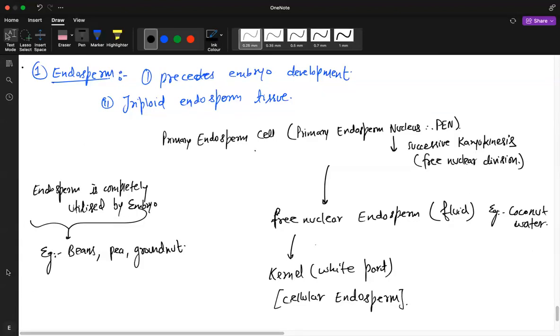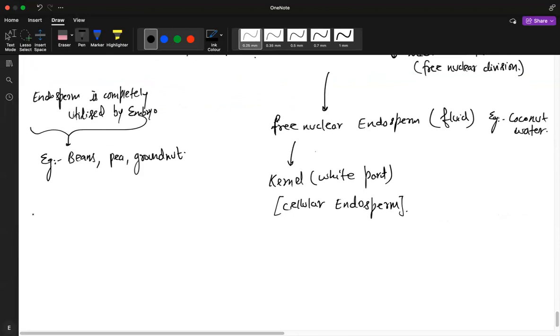Okay. As well as in other cases where the endosperm is present even when the seed matures. Coconut is one. It's always there either in the liquid form or as the cellular endosperm. The white part is always there. So either coconut, and there is a plant called castor. You know about castor seeds? Yes.